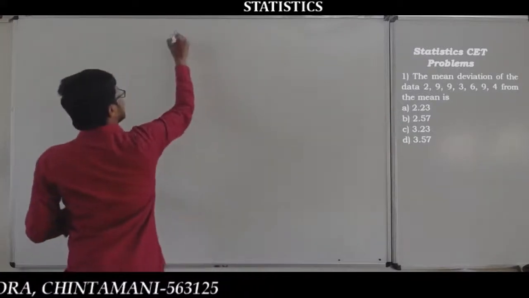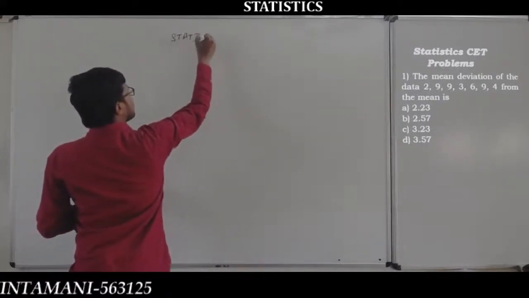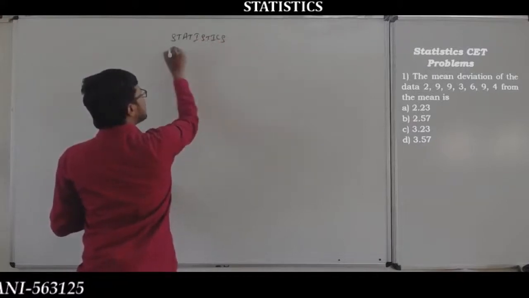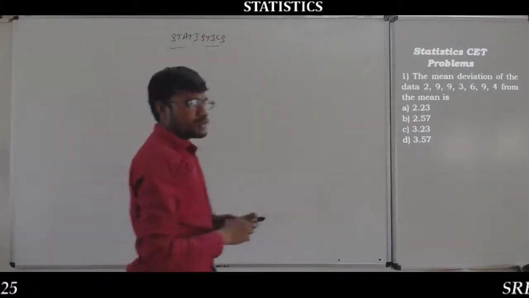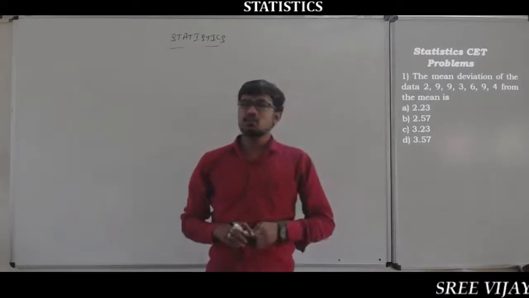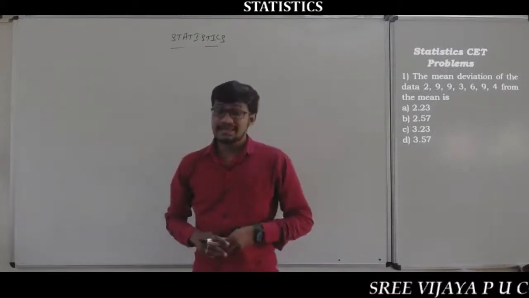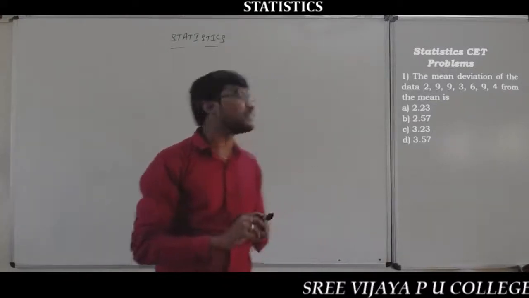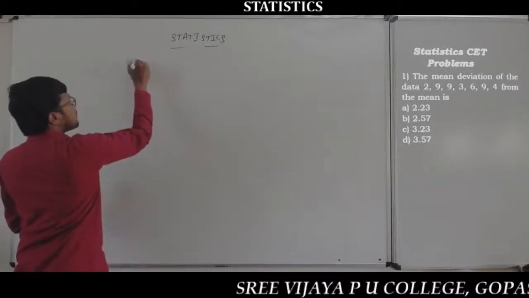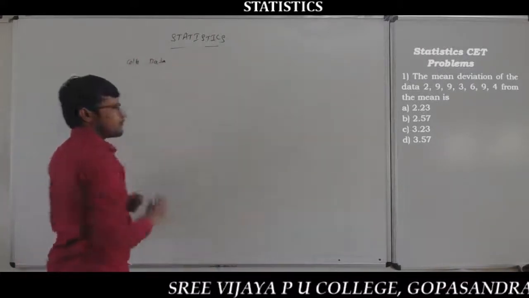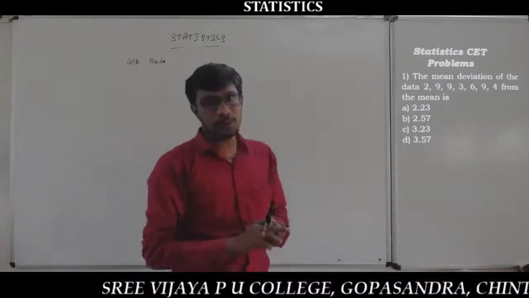So in statistics, there should be a compulsory one CET question. So already you know about statistics. What is meant by statistics? Statistics is a collection of data by a person or by a group.